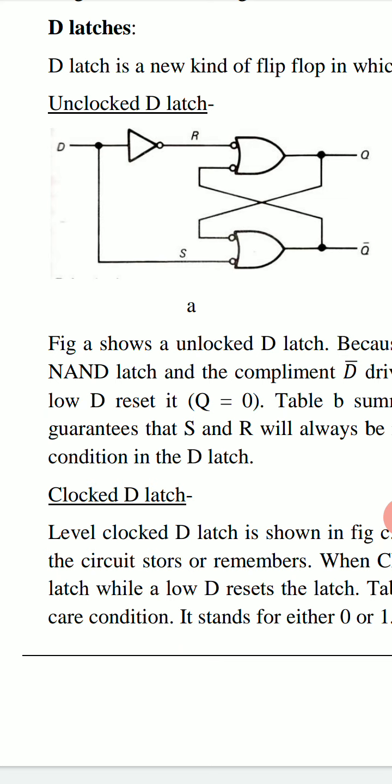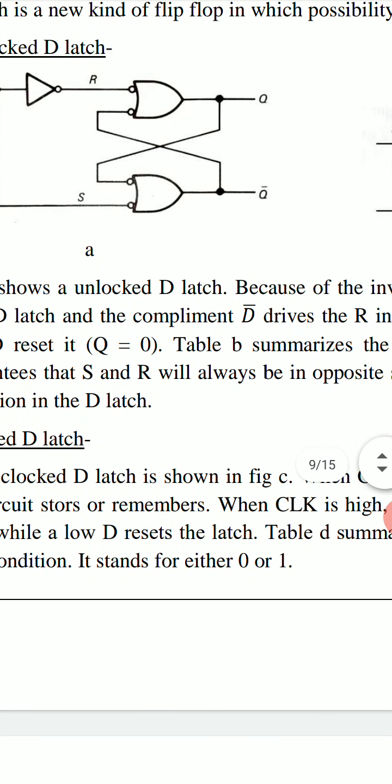D bar is obtained by using a NOT gate. This NOT gate followed by D will produce D bar, complement of D. So this figure shows an unclocked D latch.